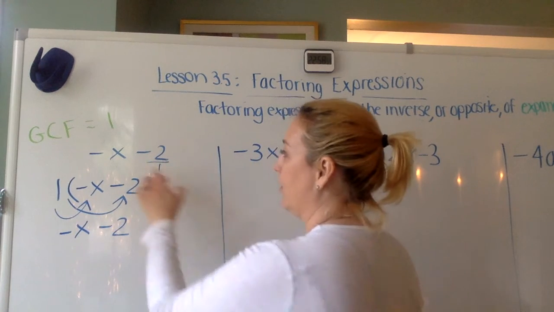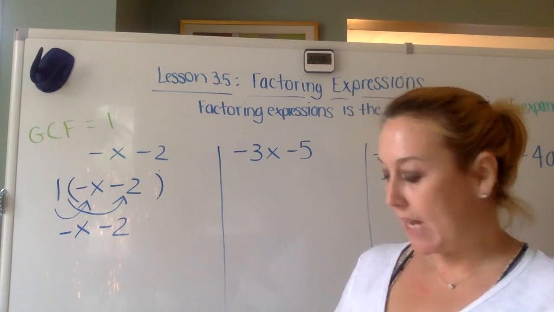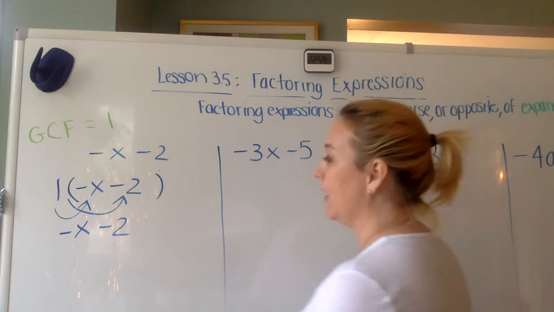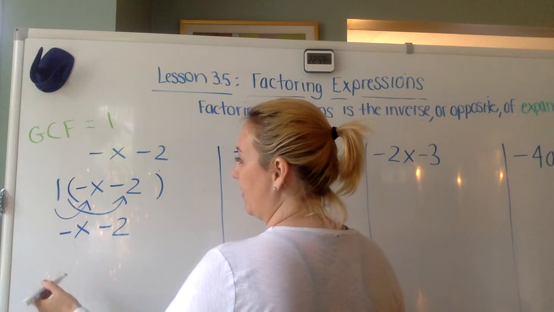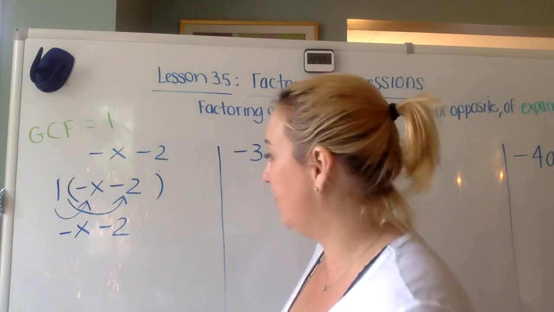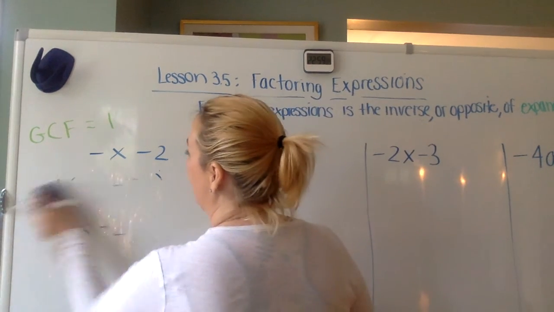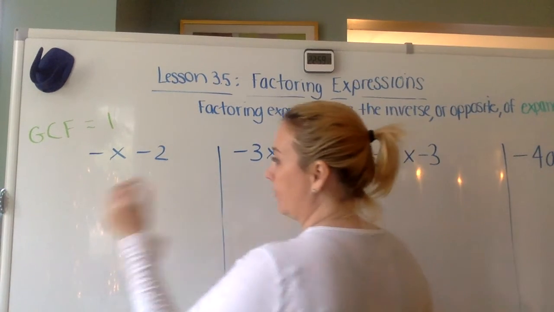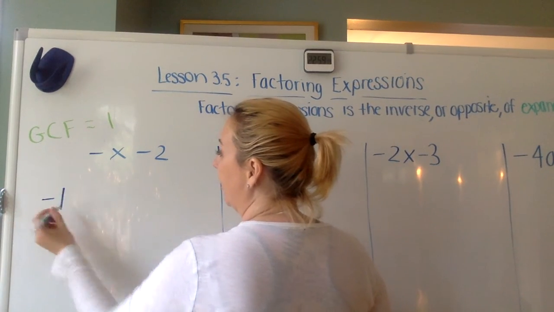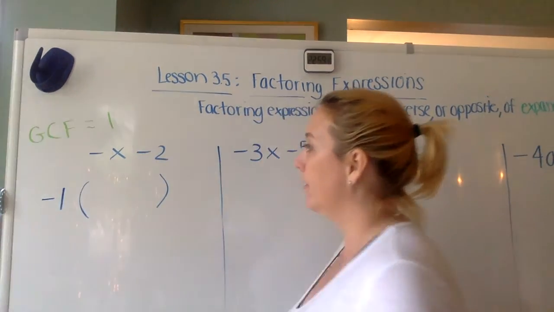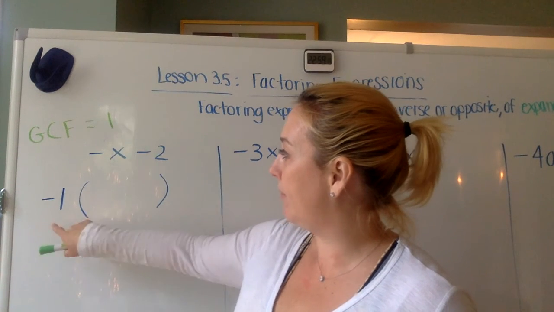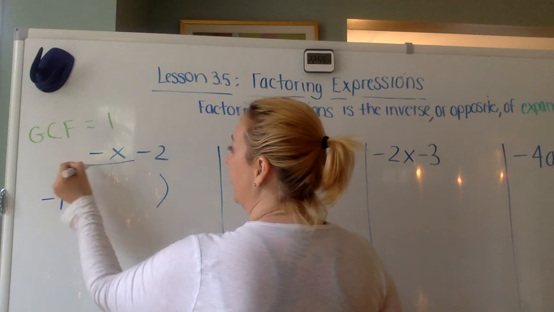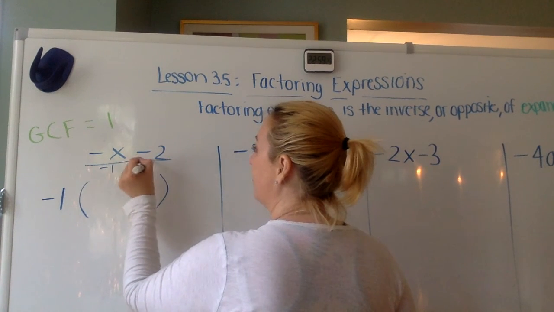Negative x minus 2. But to properly factor it, what they want you to do is still pull out the 1, but they actually want you to pull it out as a negative 1. So if I pull out negative 1, because I'm still using my greatest common factor, but now I pulled out a negative 1, I'm going to divide by negative 1 here.